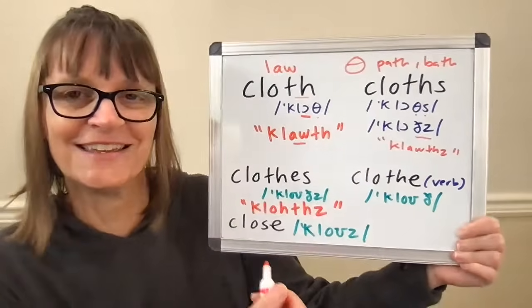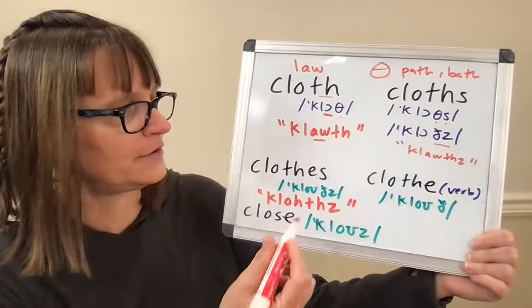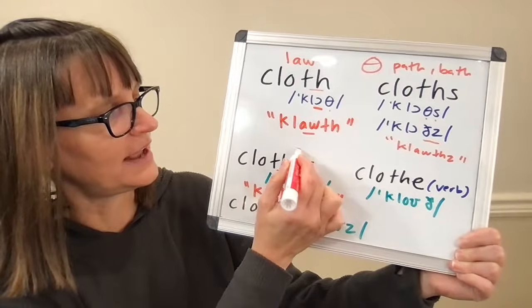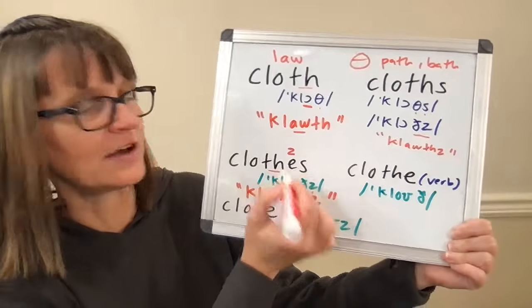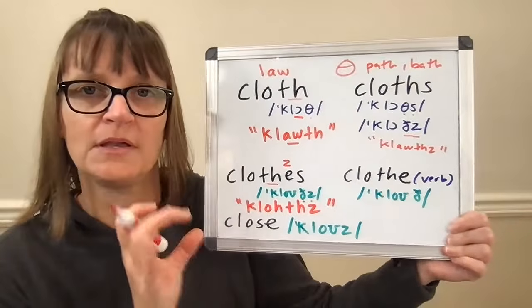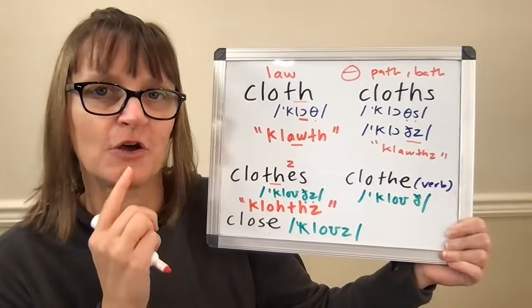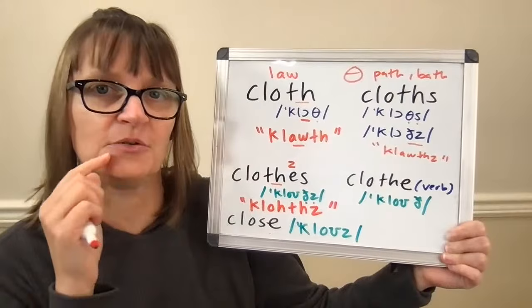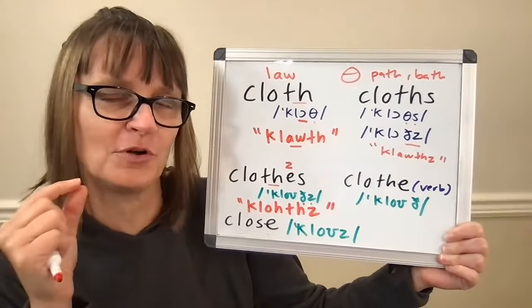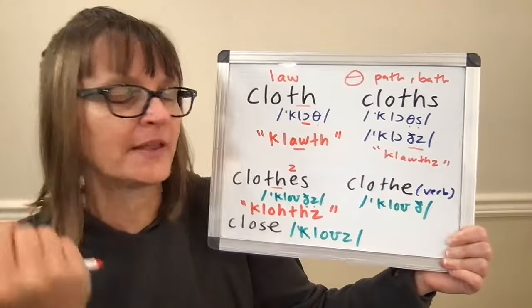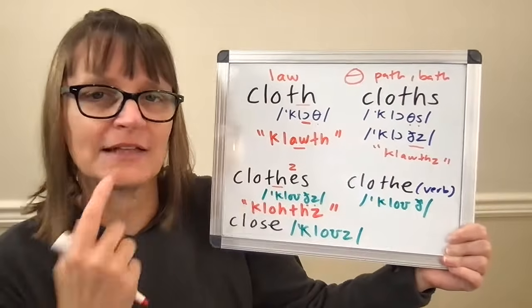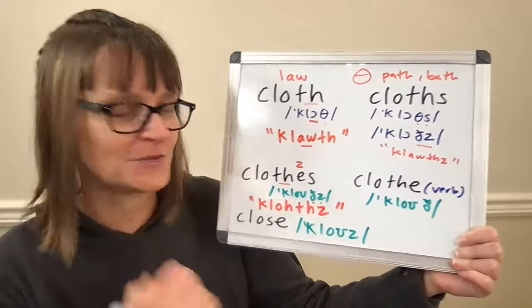So technically in the dictionary for clothes, you're going to see the th sound and the z sound for how we make that plural. So if you want to be 100% correct, you can say clothes. You're going to do your th, clothe, with the voiced th, and then you're going to pull back for the z, clothes. And some people use that for sure, but very frequently, that's a challenging combination even for native speakers.